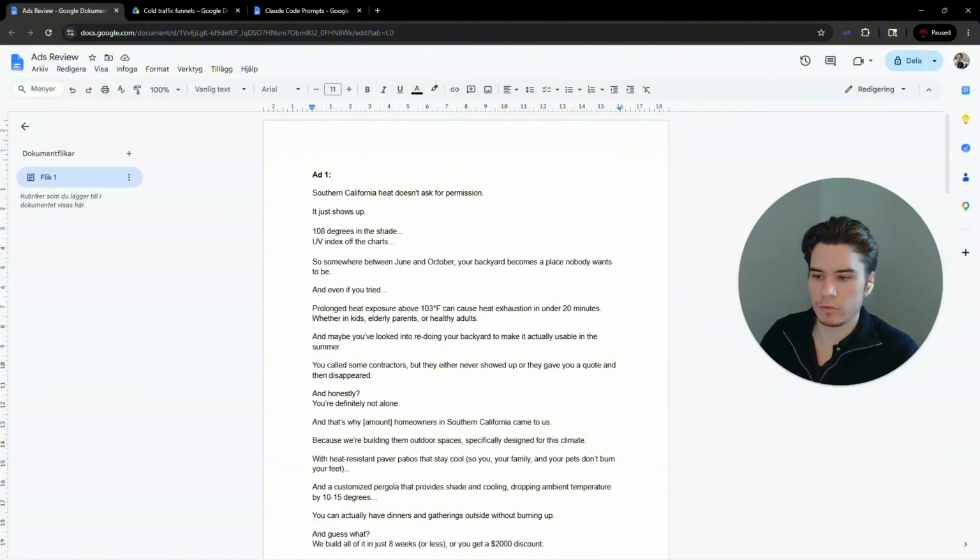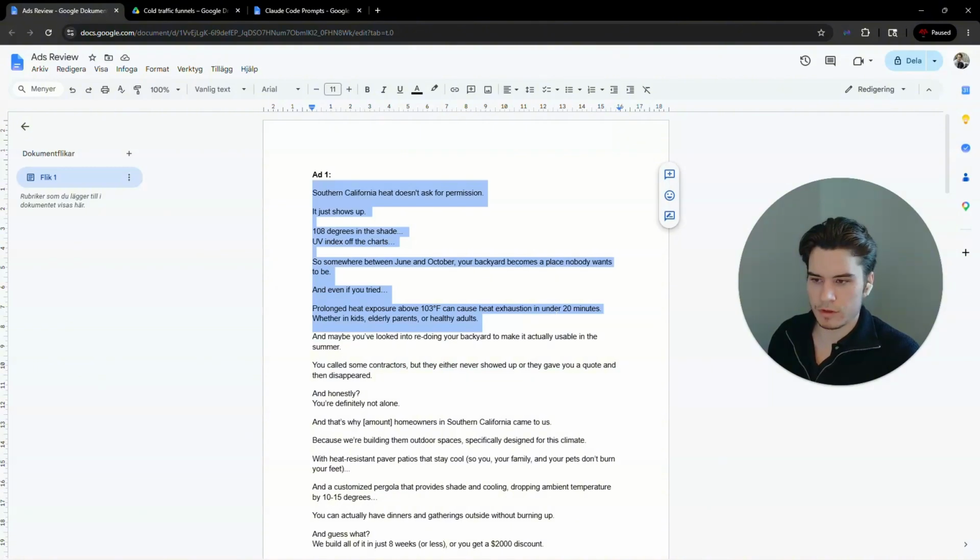And maybe you've looked into redoing your backyard to make it actually usable in the summer. And honestly, this is more about getting people who are already sort of looking into hiring a contractor. They've done some research before, because I could just say all of this, for example, and this is mainly about targeting people who are aware that they have a problem with the heat, their backyard and stuff, but they may not be actively looking for a contractor.